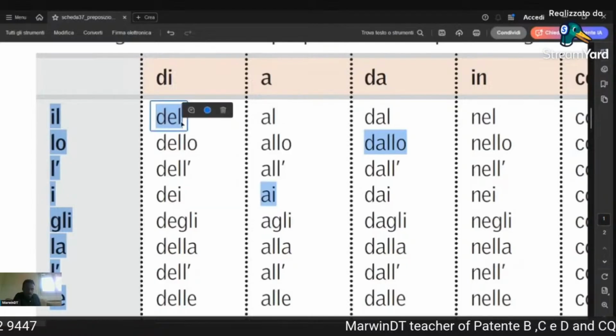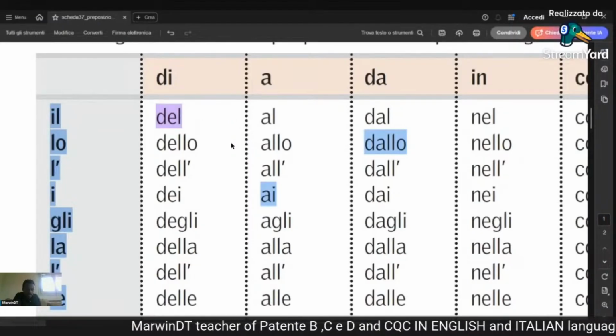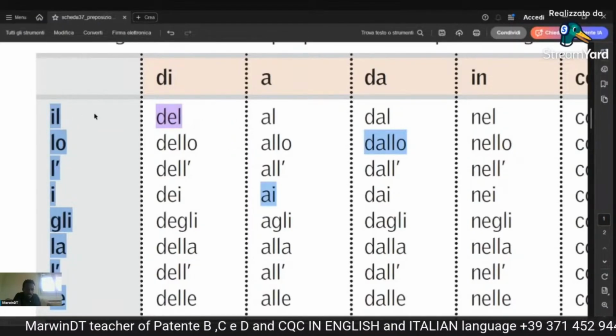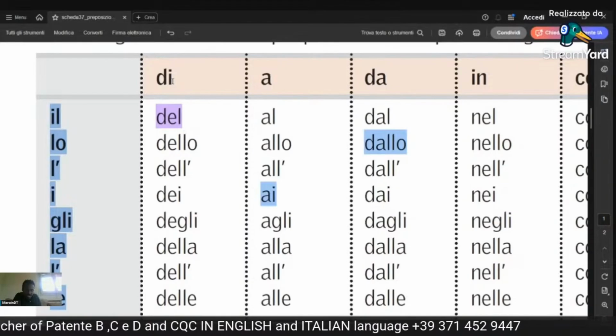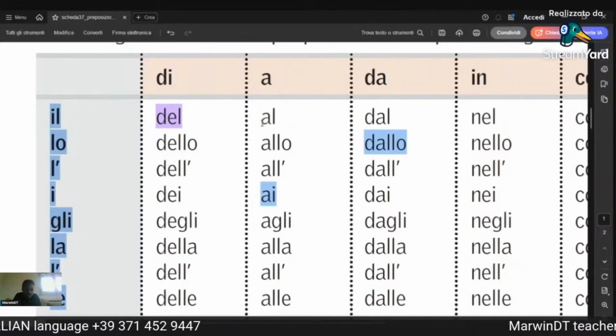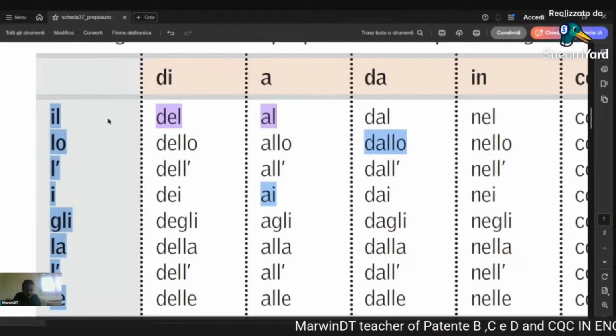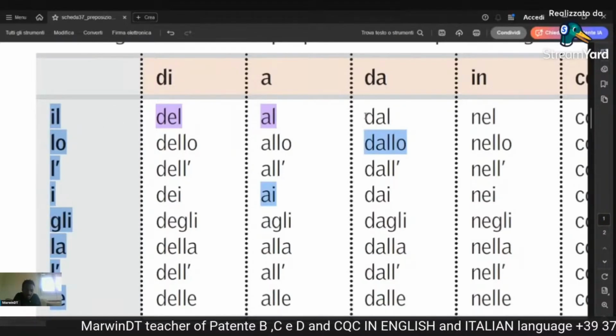It's going to give us what? Del. Okay. Then we have il plus a is going to give us al. Il plus da is going to give us dal.